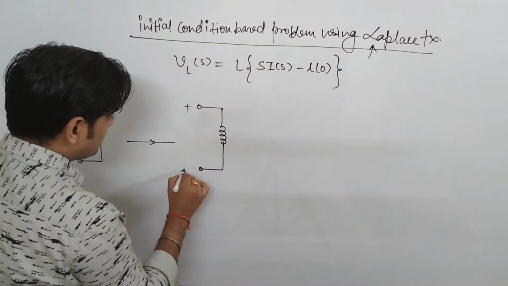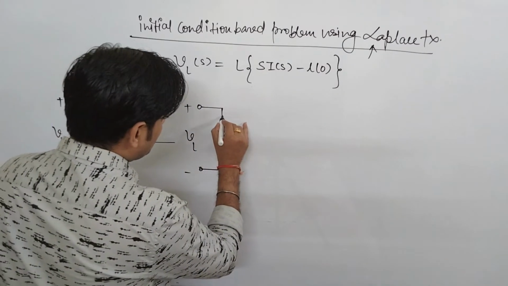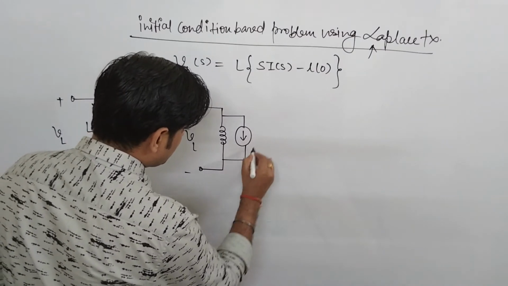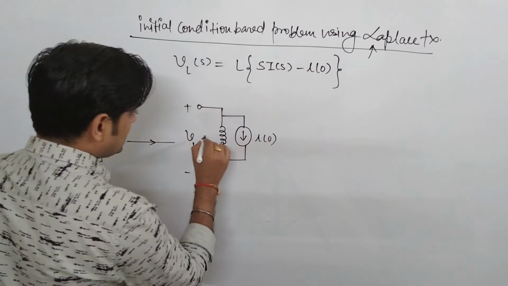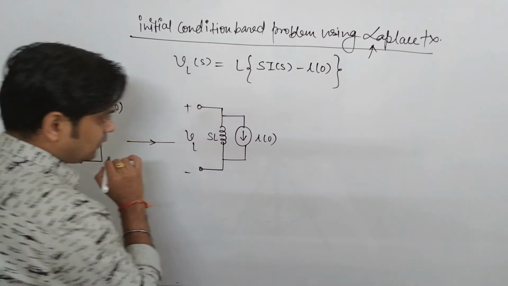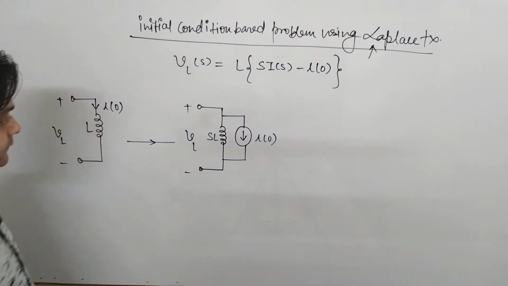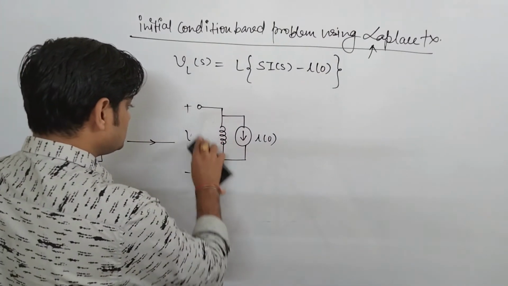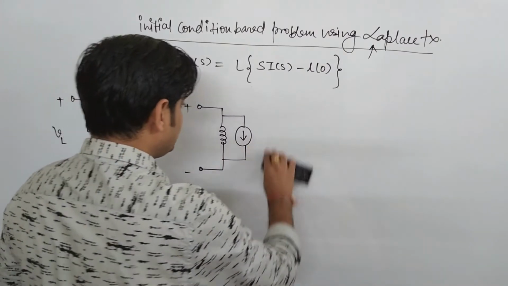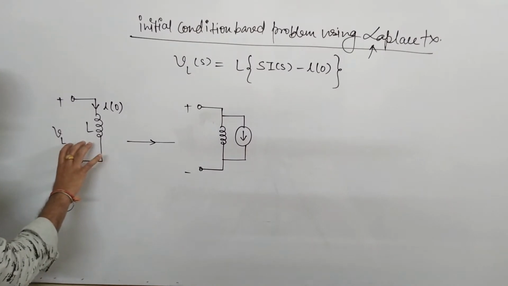So here also some voltage VL, and this inductor is represented by a current source whose value is I0, and now this is sL. Once again, try to understand it. This is a time domain representation.